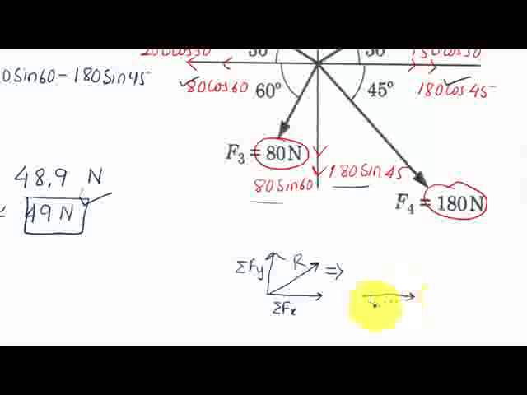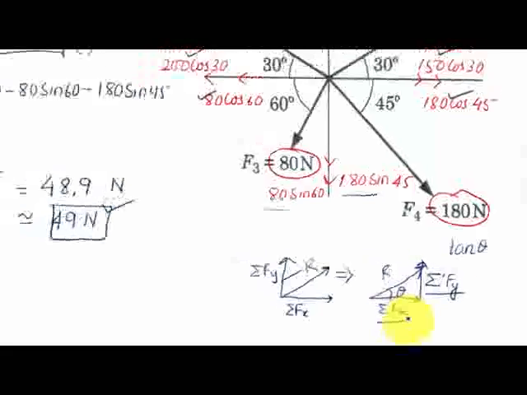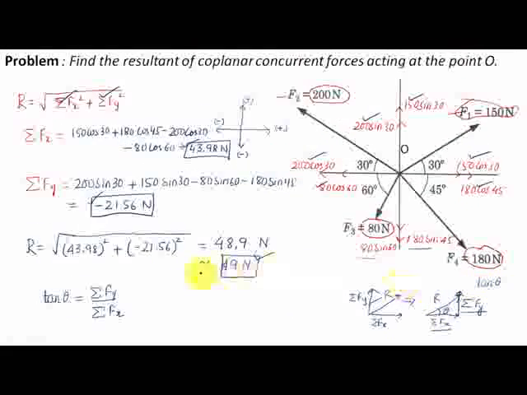So this is going to be the summation of Fx. Above, you're going to go parallel, so this is the summation of Fy. Then the resultant is going to be over here. This is going to be R. The resultant makes an angle theta. If you use trigonometry over here, tan theta is going to be the perpendicular, that is the summation of Fy, upon the base, the summation of Fx.